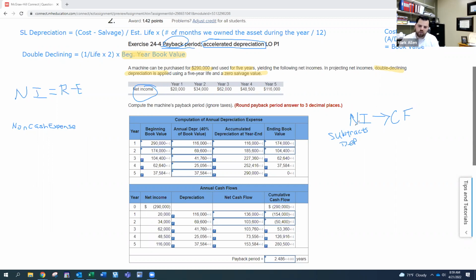So if I want to go from net income to cash flow, I will need to add back the depreciation expense. In other words, we'll take net income plus depreciation expense, and that will get me to my cash flow. This is what we're going to have to do several times as we walk through this problem.